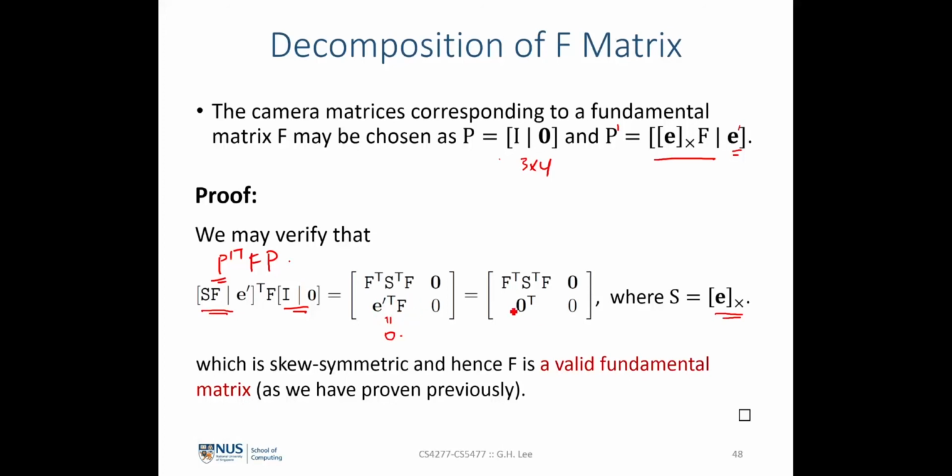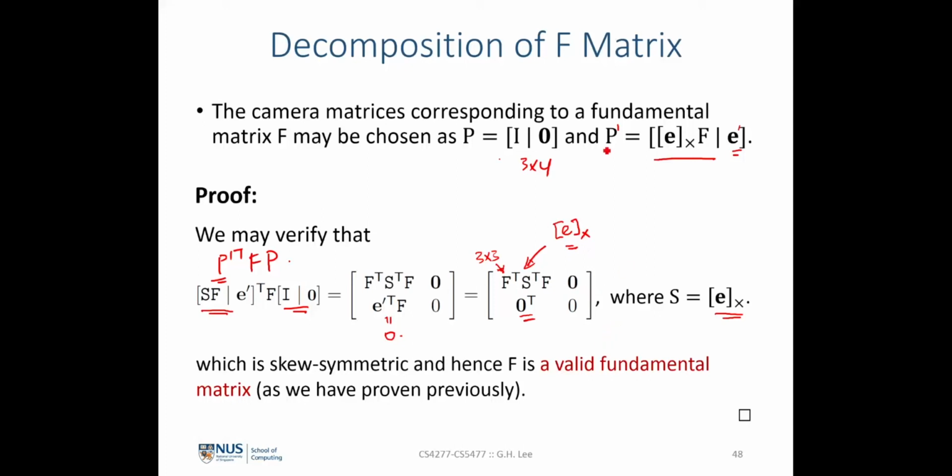So this is equal to 0, and hence we can show that since S is defined as the skew symmetric matrix of the epipole, the multiplication of any arbitrary non-zero 3x3 matrix, which is the fundamental matrix, with this skew symmetric matrix is always going to be a skew symmetric matrix.